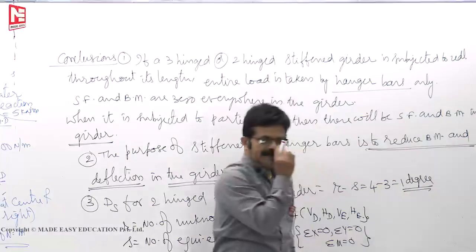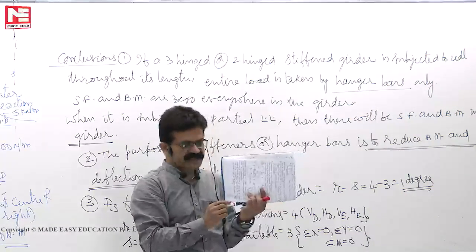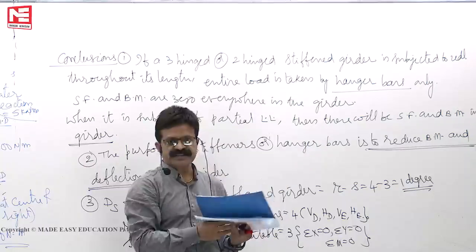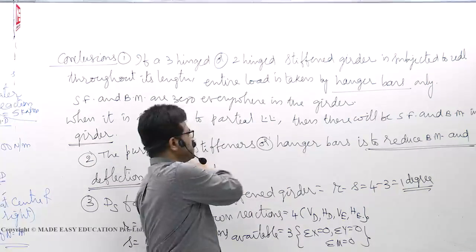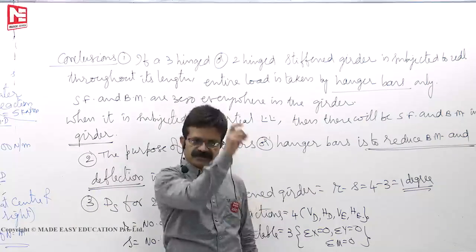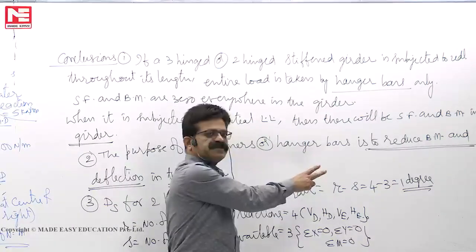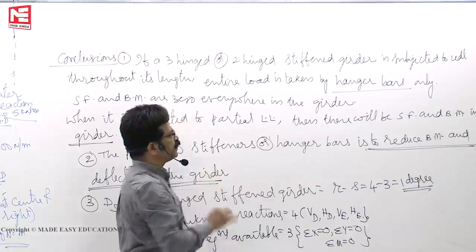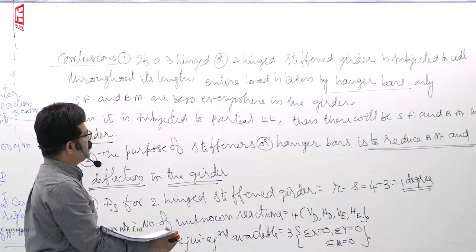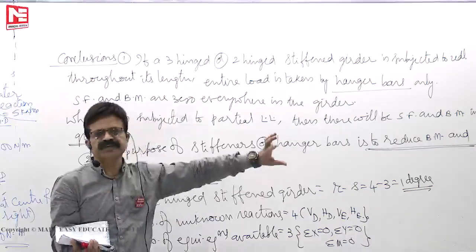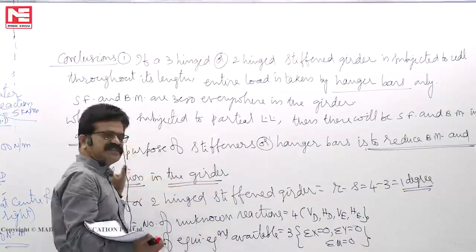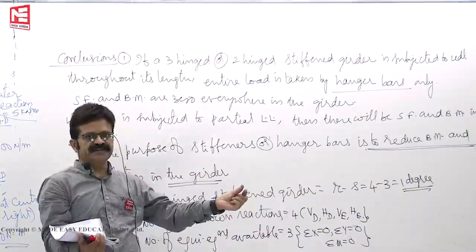In one paper they asked this: two-hinged stiffened girders are indeterminate to how many degrees? 1, 2, 3, 4, like that. In another paper they asked what is the purpose of the hanger bars? Reduce bending moment and deflection. Then another paper asked: when it is subjected to UDL throughout its length, what is the shear force and bending moment in the girder?